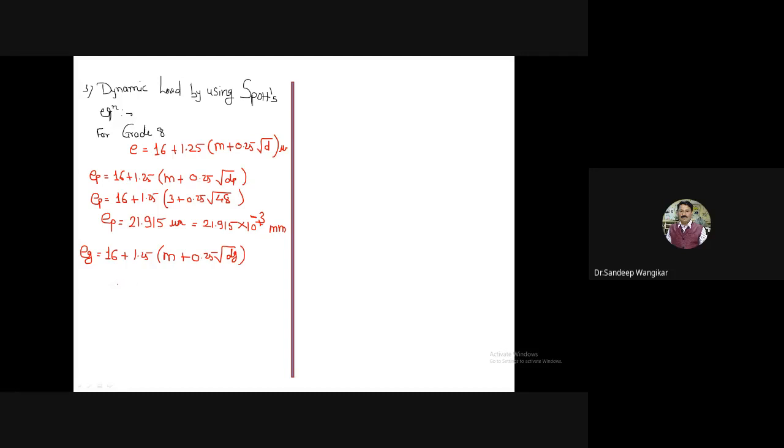So in this case, by substituting, I will write Eg is equal to 16 plus 1.25 into m plus 0.25 under root of dg, where the m value you put here as 3, and dg is 72. And now you get the value of Eg. So Eg is equal to, you will get the answer 22.40. Okay, very nice.